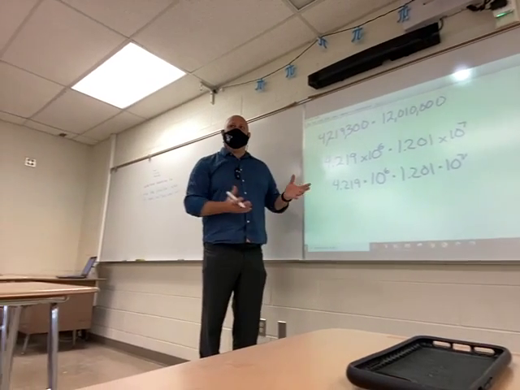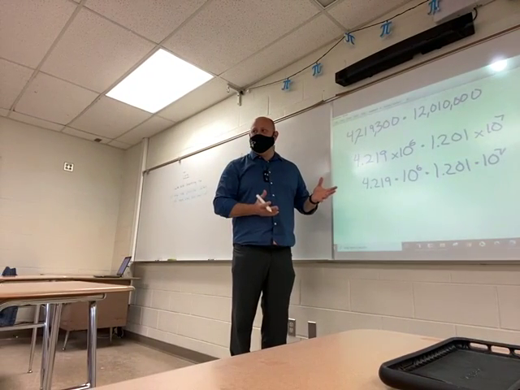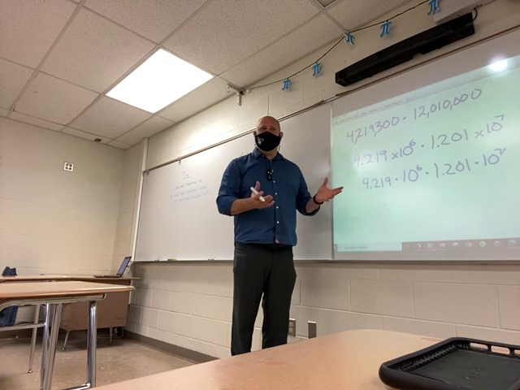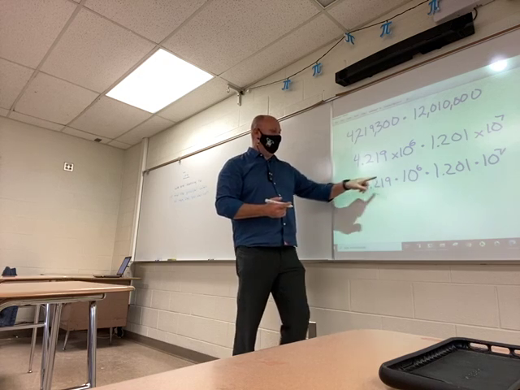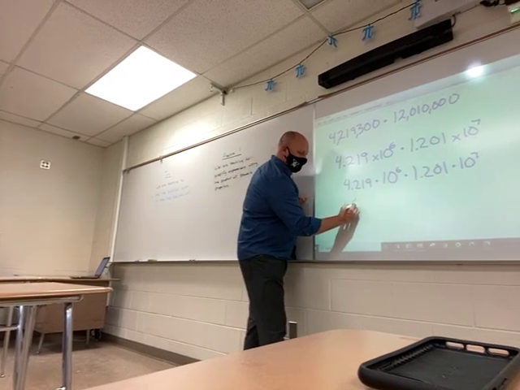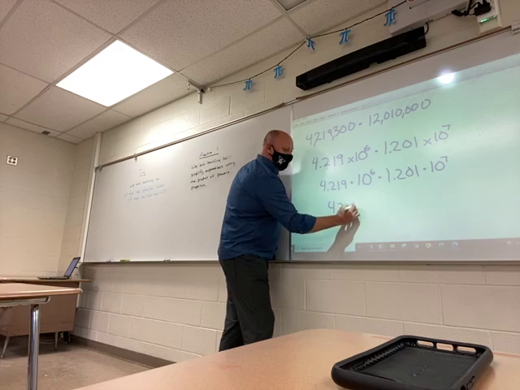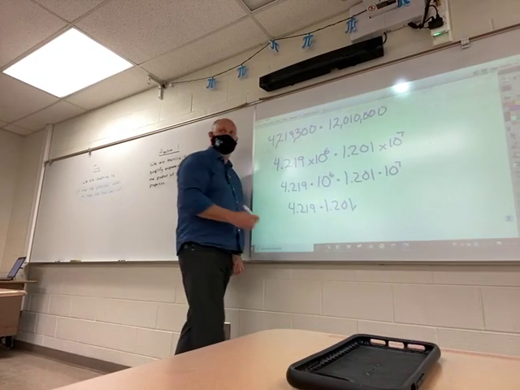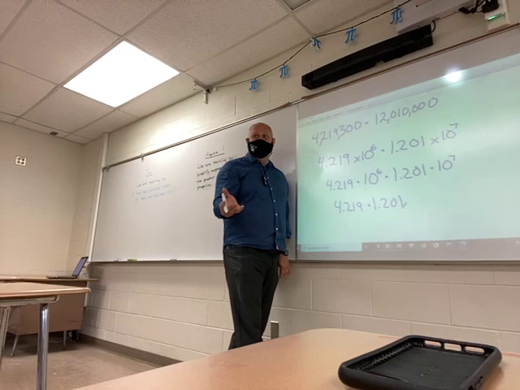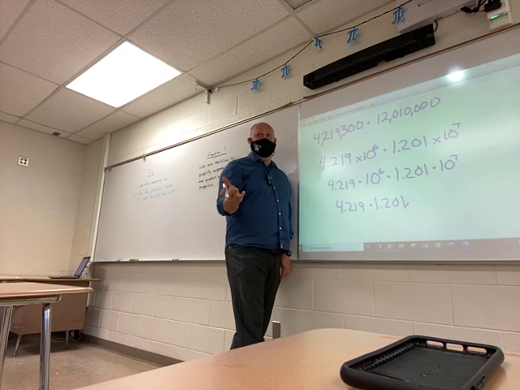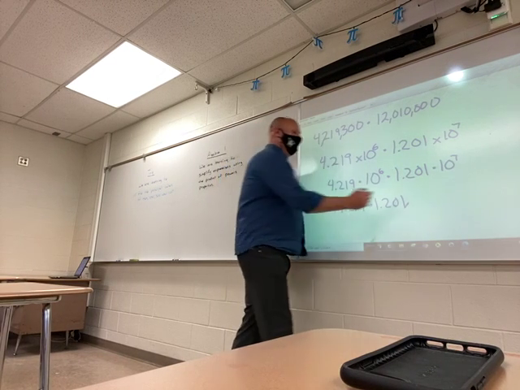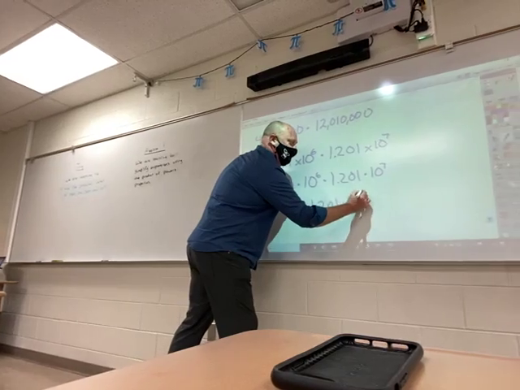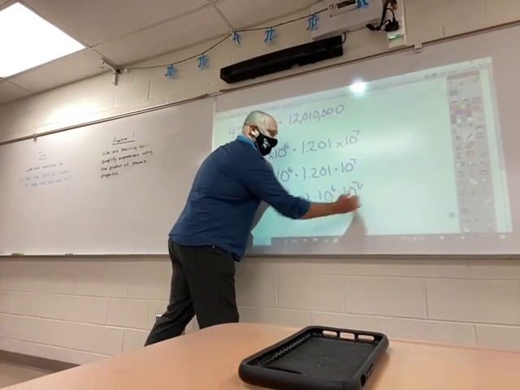If it's all multiplication, does it matter what order we do things in? We can do the commutative property, which means I could do the 4.219 times the 1.201, I could just multiply those two numbers. Your calculator should be able to handle that, right? Times 10 to the 6th times 10 to the 7th.